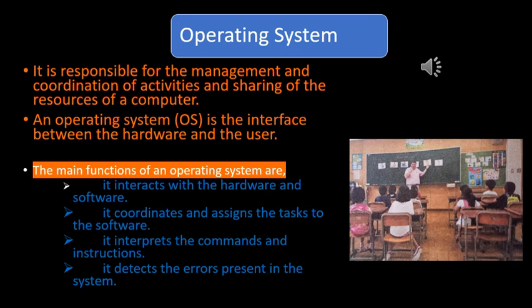When you switch on your computer, it displays a screen showing Windows 8 or Windows 10 for a few seconds. Finally, the system is ready for the user. Operating system is a collection of software that manages hardware resources of a computer and provides collective services to the user.